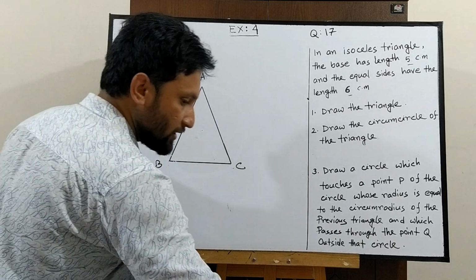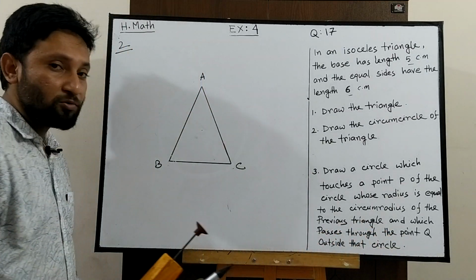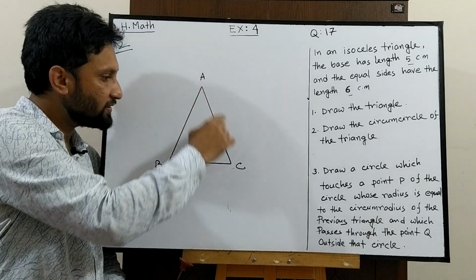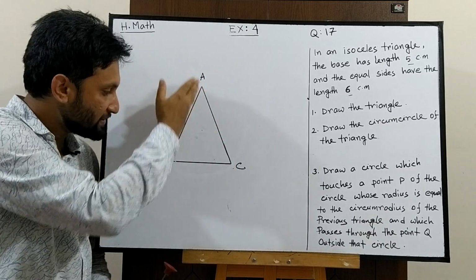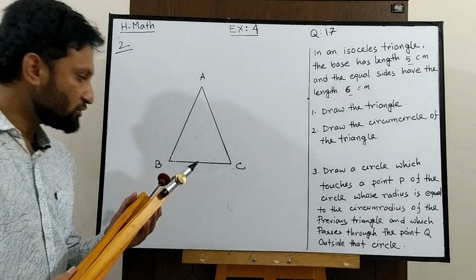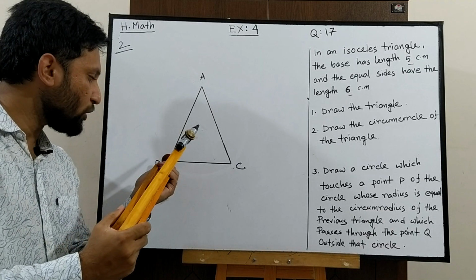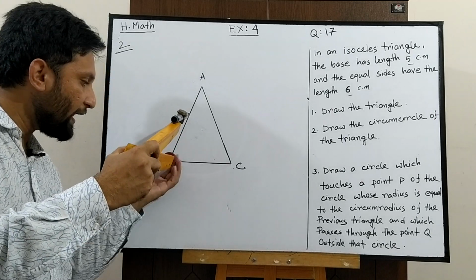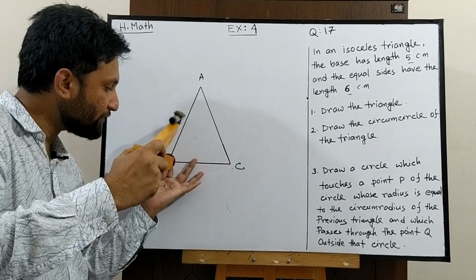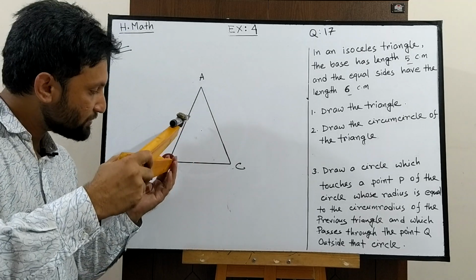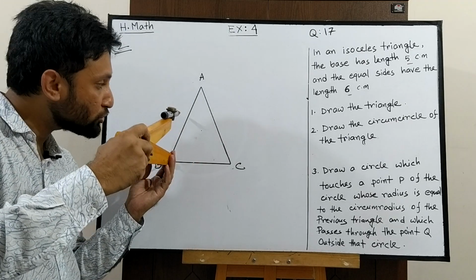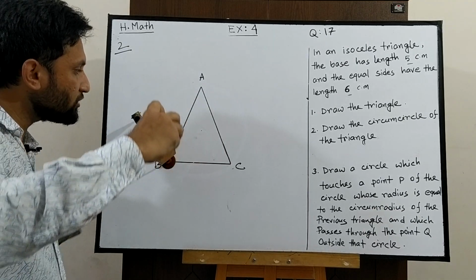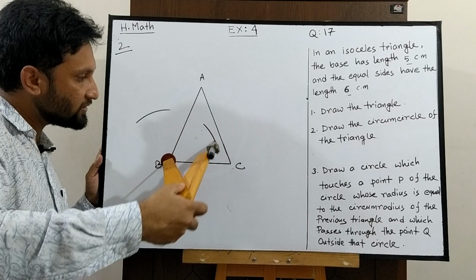At first, by compass we have to draw the two perpendicular bisector lines of AB and AC. At first bisect the line AB. The process is, set the compass on point B, and with a measurement more than half of AB, draw two arcs on the left side and right side.